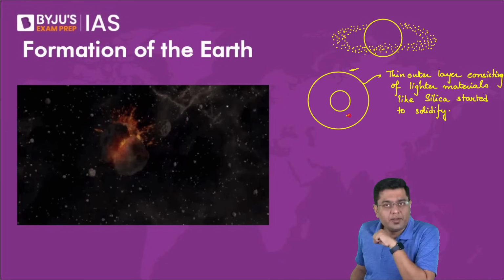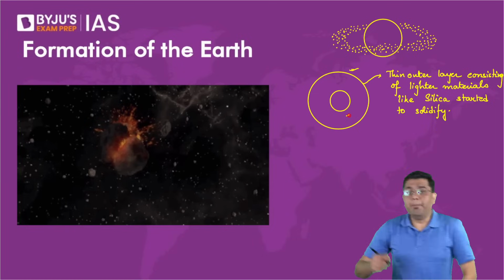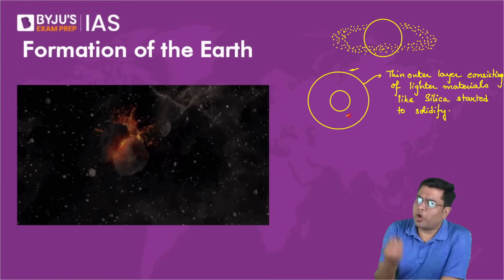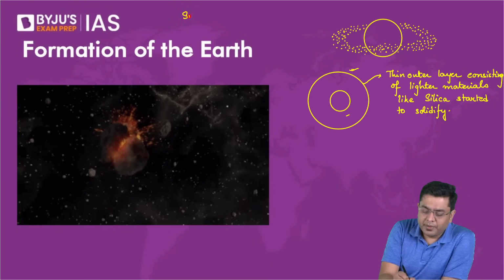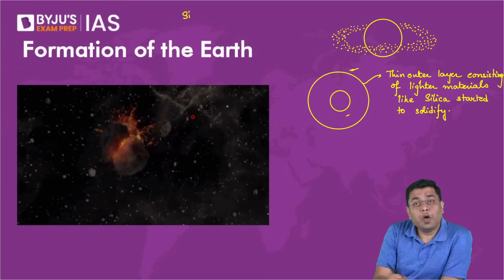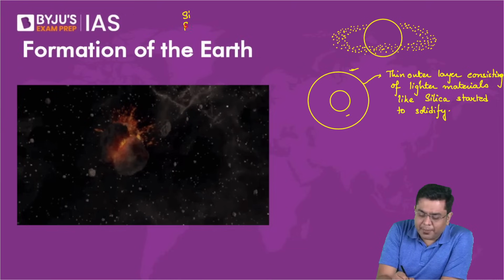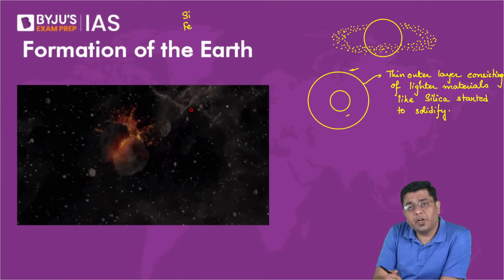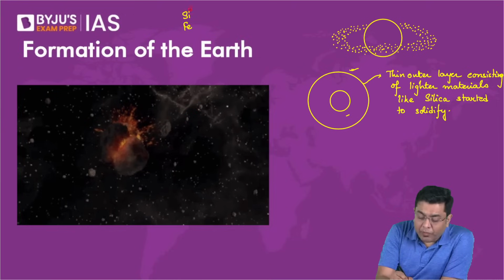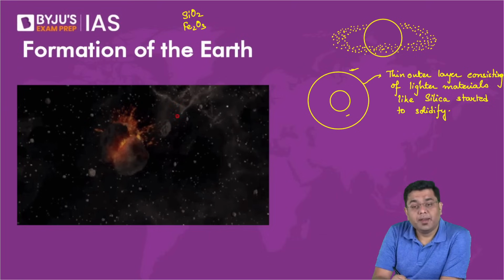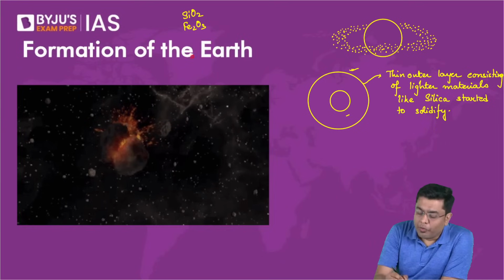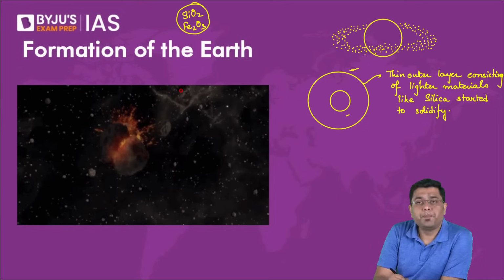So, understand this. When you talk about any element, let's suppose silicon, if you heat silicon, it will get converted into liquid state, isn't it? If you heat, let's suppose, iron, it will get converted into liquid state. But what if I have silica? Silica is solid. Iron oxide is also solid. What happens if I heat this up?